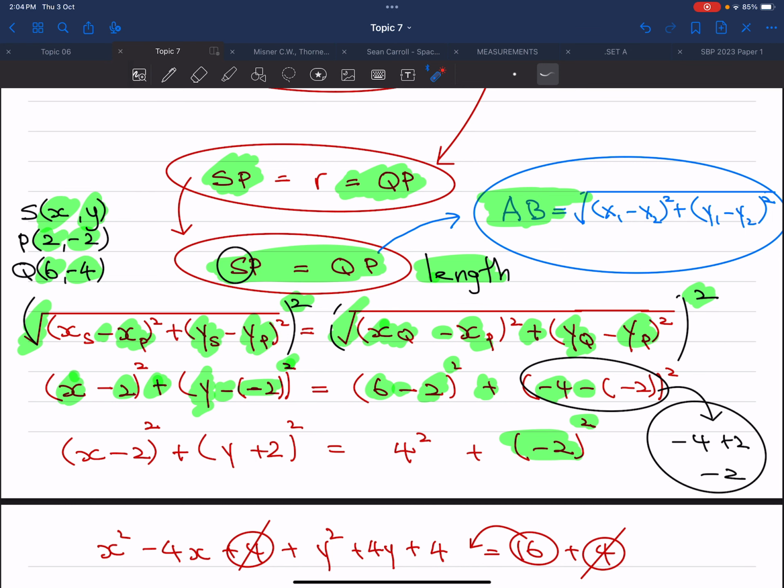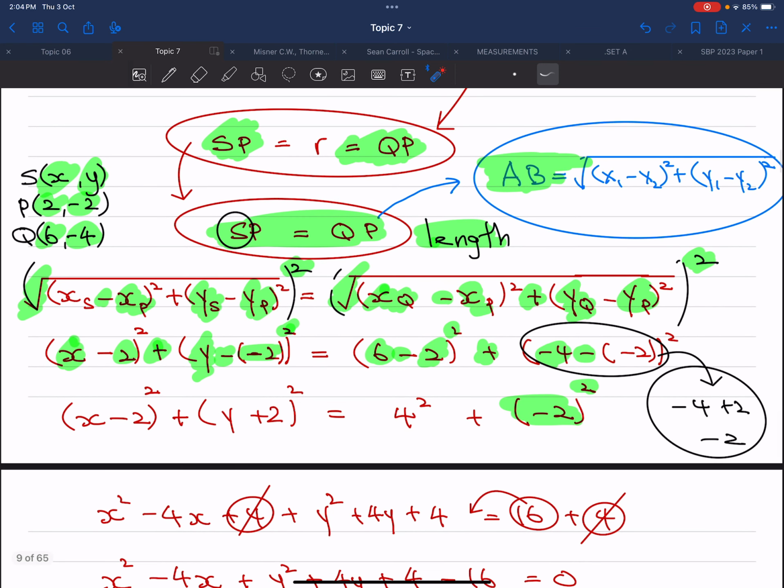The same thing applies on the QP, square root of XQ minus XP bracket square plus YQ minus YP bracket square.